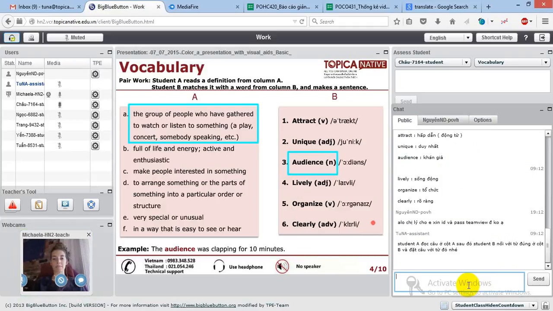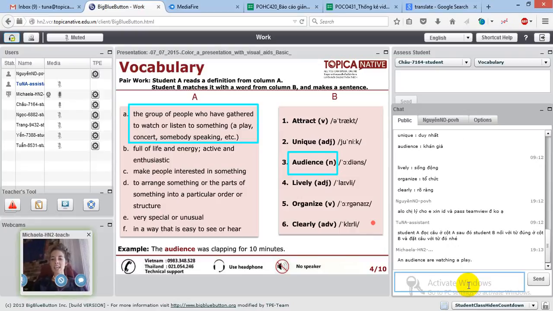An audience are watching a play. Wonderful. An audience are watching a play. Yeah, this is really good. Okay, I'm just going to correct one thing here.